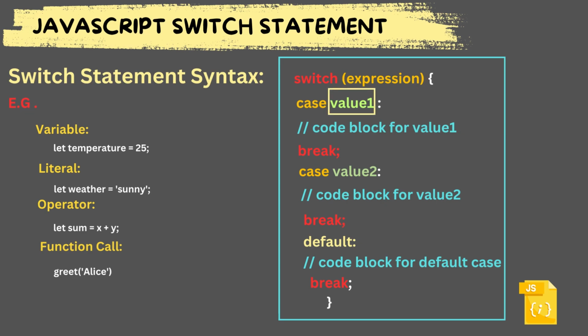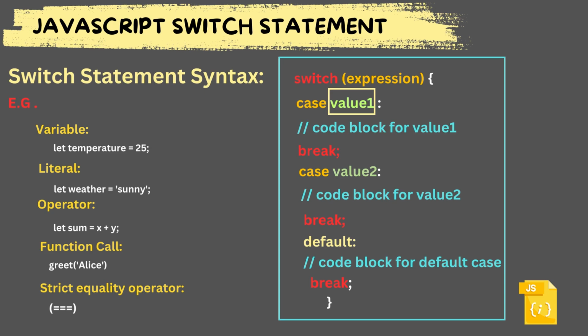This case value can also be any valid JavaScript expression as long as it can be compared with the expression using the strict equality operator. The case value does not need to be a constant, but it is usually a good practice to use constants or literals for clarity and consistency.